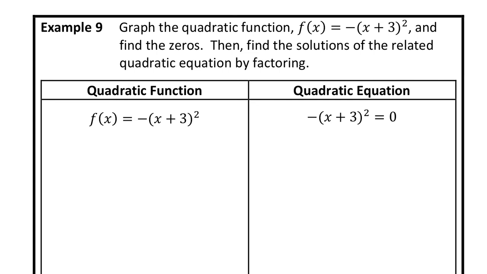Here, if I break down the graphing process, there is a negative, so that means that there's a reflection over the x-axis, and then I have plus 3 inside the parentheses, so that means a horizontal translation 3 units left.